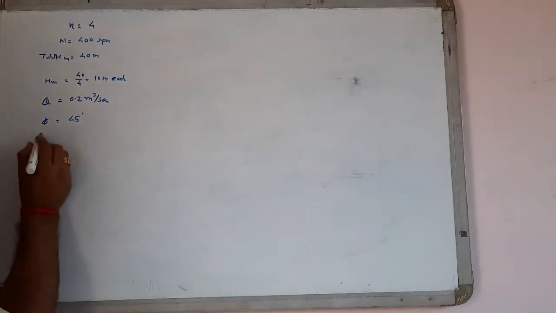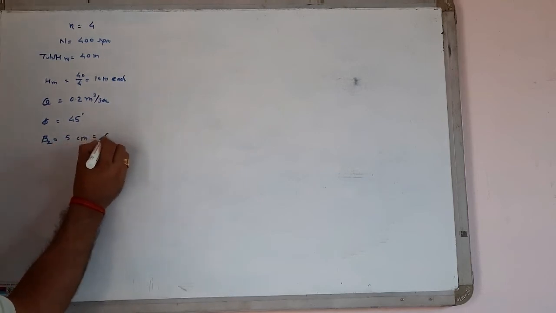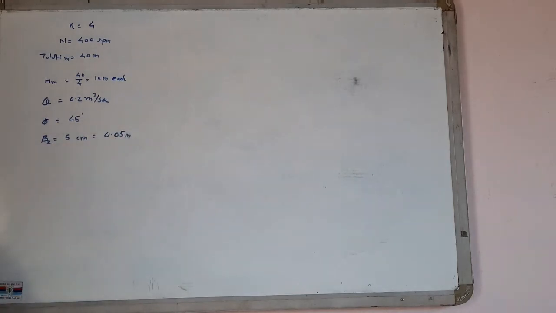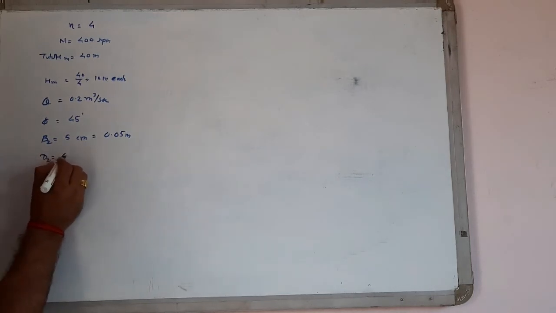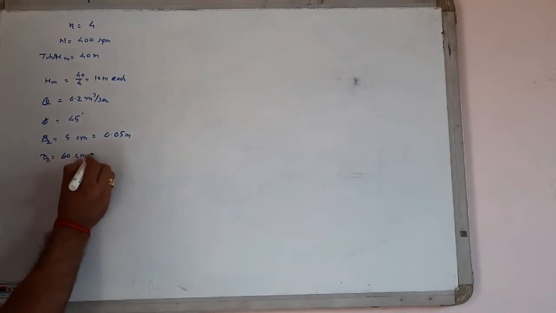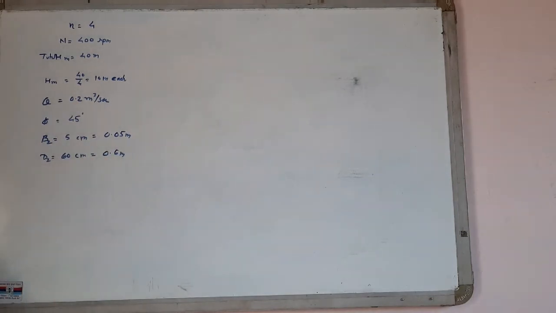Width at outlet B2 equal to 5 centimeter equal to 0.05 meter, and diameter at outlet D2 equal to 60 centimeter equal to 0.6 meter.